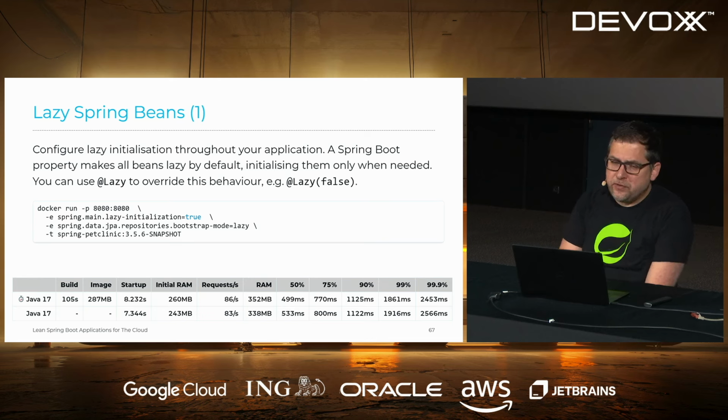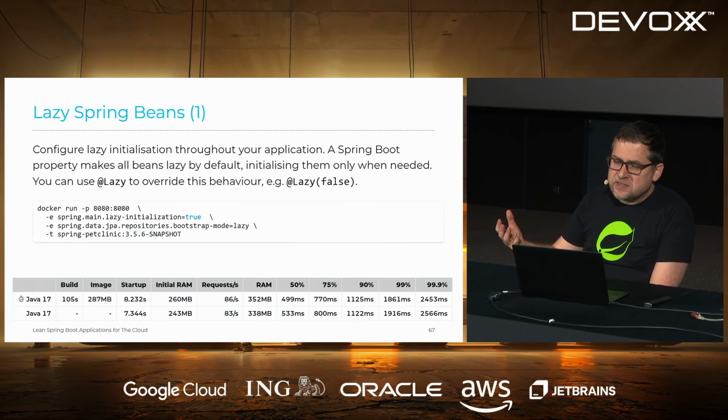One is more general. You see here spring.main.lazy-initialization=true. That means Spring Boot only sets up the Spring Beans which are needed and will initialize all the others while the application is running.